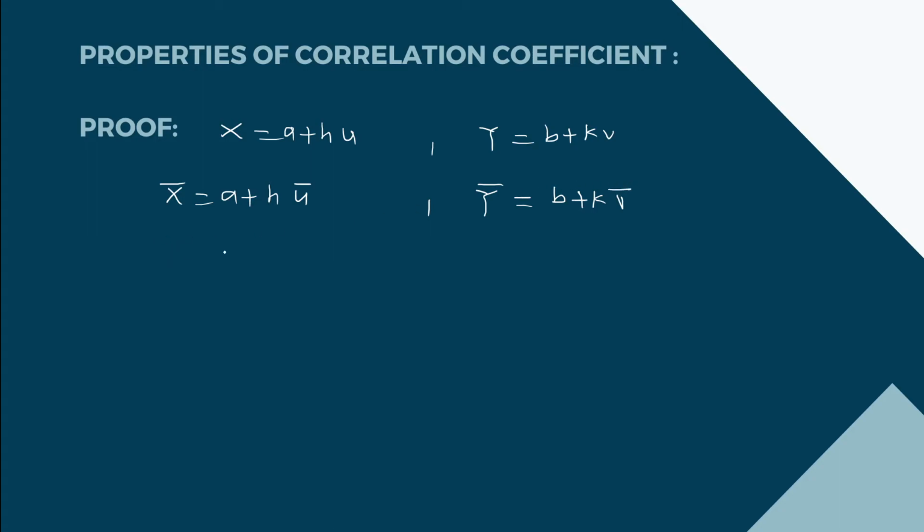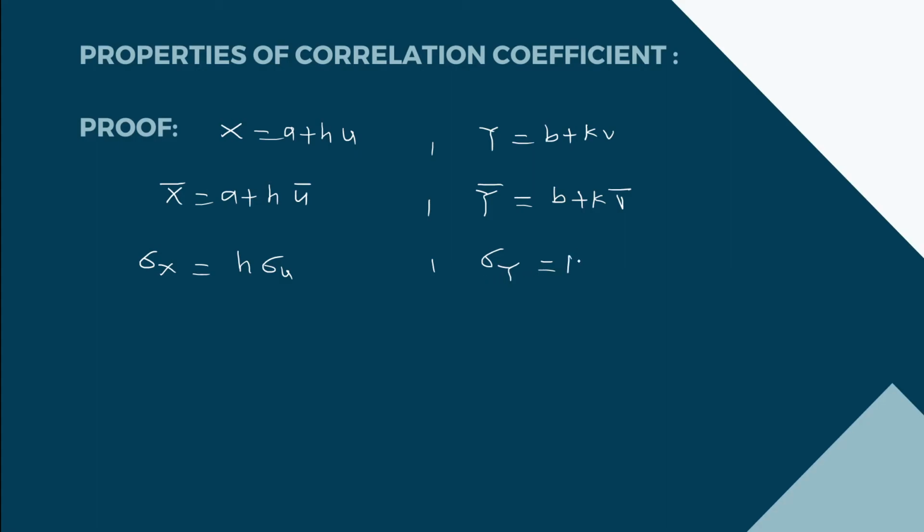Further, from the property of change of origin and scale on the standard deviation, we will get sigma x is equal to h into sigma u. This property is also discussed in the measures of dispersion topic.